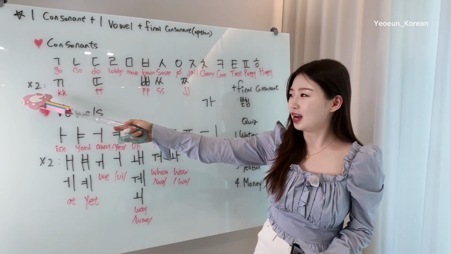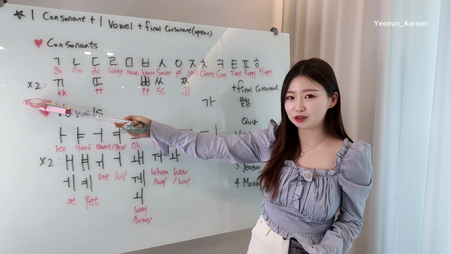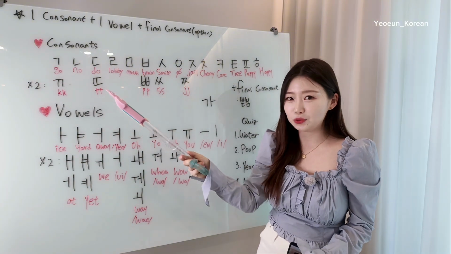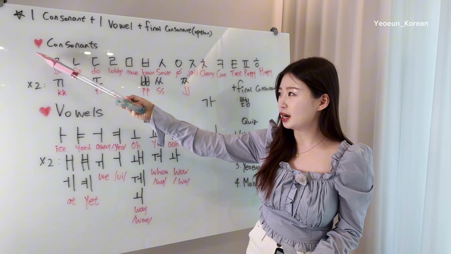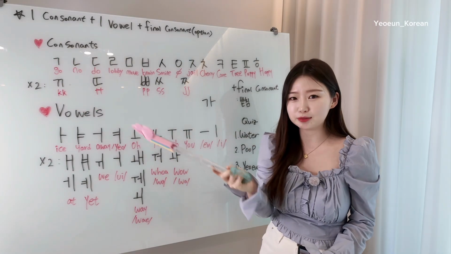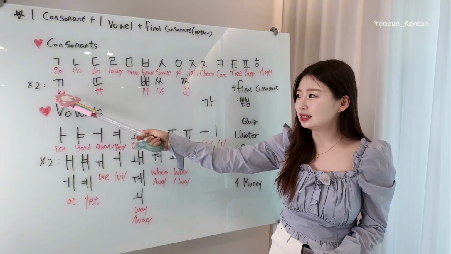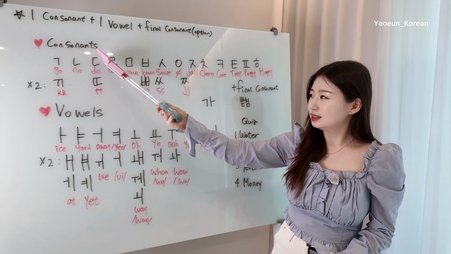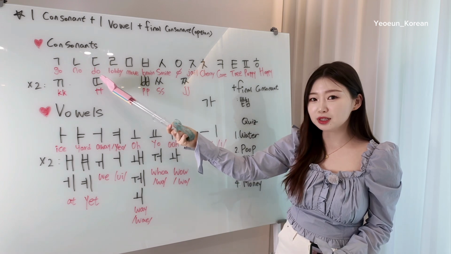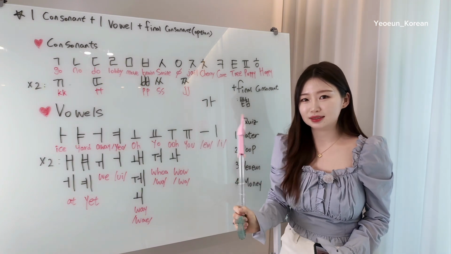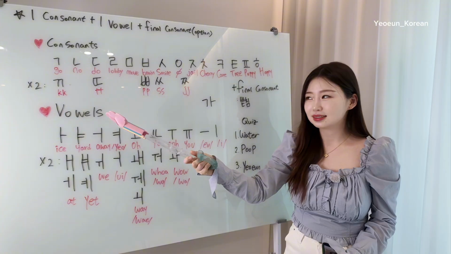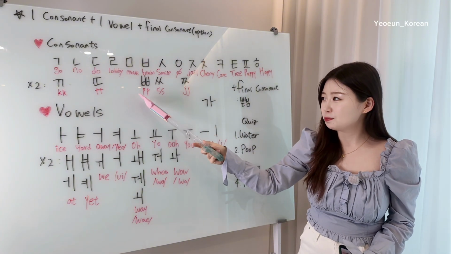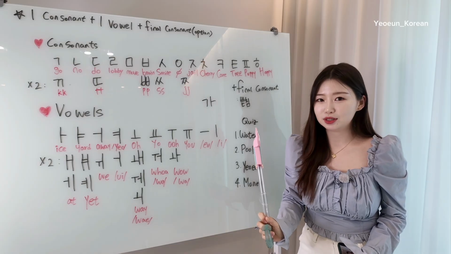And then we have double consonants here. It's easy, guys, because this g sound is actually just writing the g sound for double times. And it becomes double g sound. And d sound, for double times, it becomes double d sound. And then b sound, for double times, it becomes double b sound.